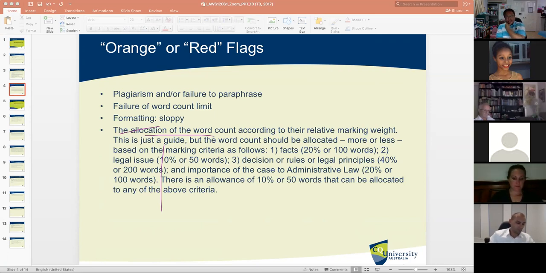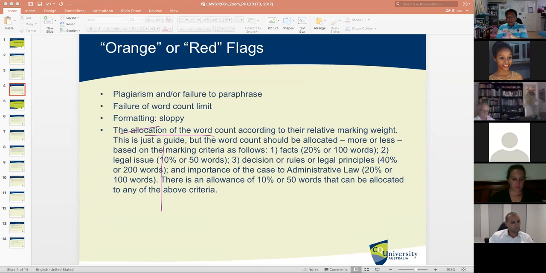Is that what you mean about word limit, or is it specific to individual case notes that they have to be 500 in total? Yeah, the instructions in the unit profile, as well as in all the guidelines, are very clear that the word count is in relation to each case note.